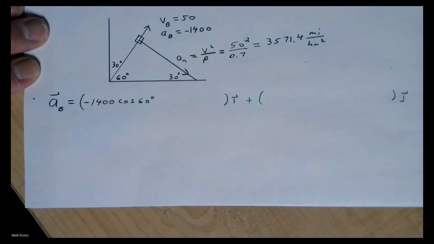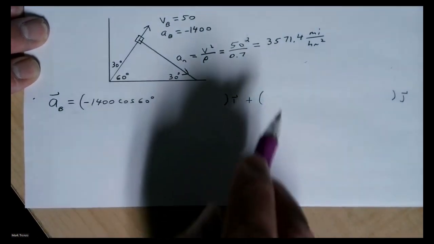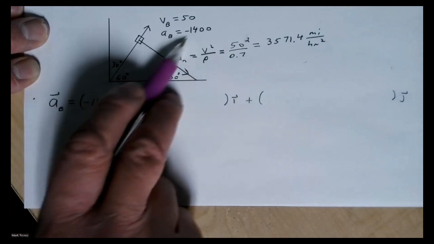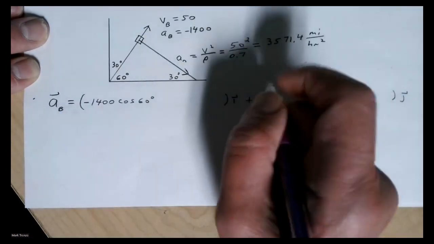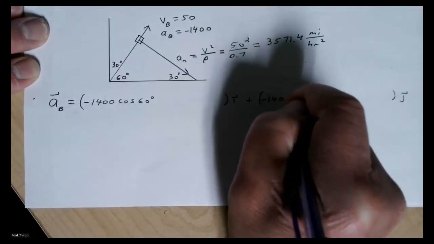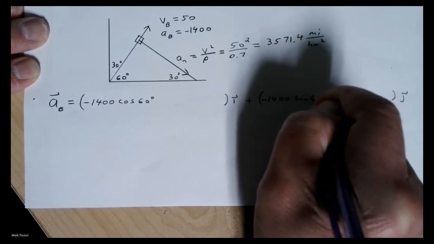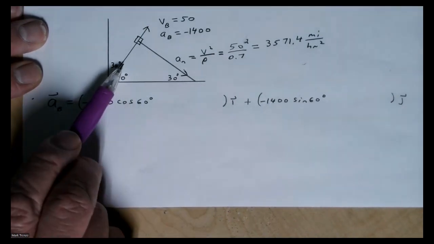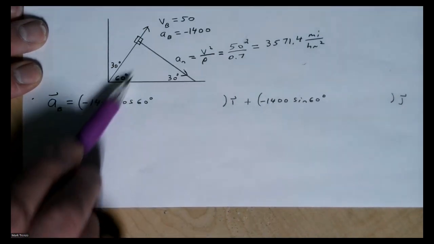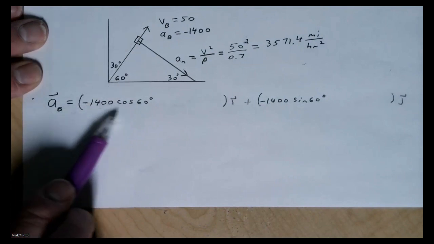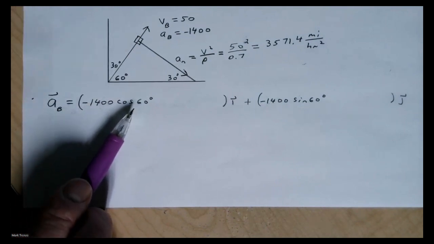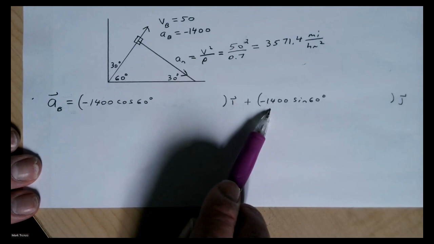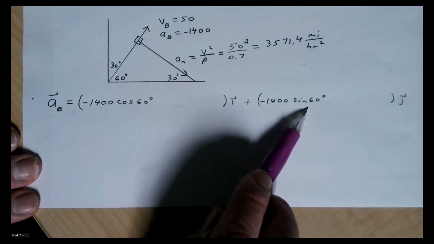For the y component, it would be minus 1400 sine 60. You remember, the adjacent's always a cosine.